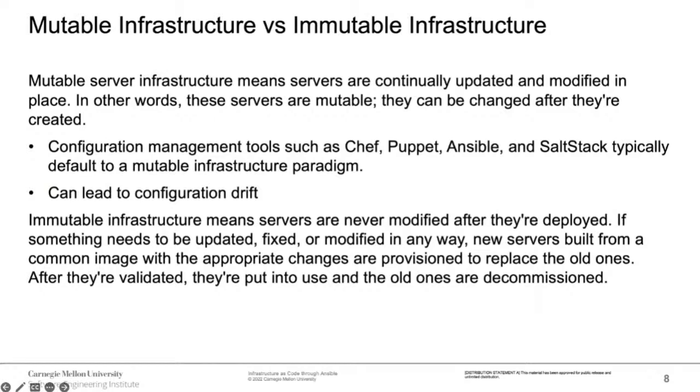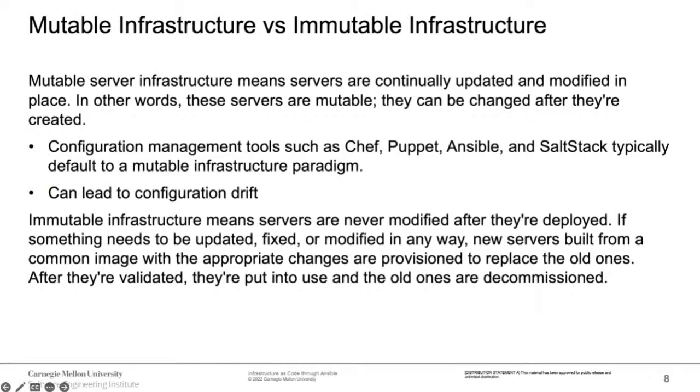And there's benefits to this, right? And a lot of the configuration management tools sort of default to this paradigm, right? So tools like Chef, Puppet, Ansible, and SaltStack oftentimes default into this paradigm, or they were originally designed around this paradigm. One of the drawbacks of long-running infrastructure is things like configuration drift, right?